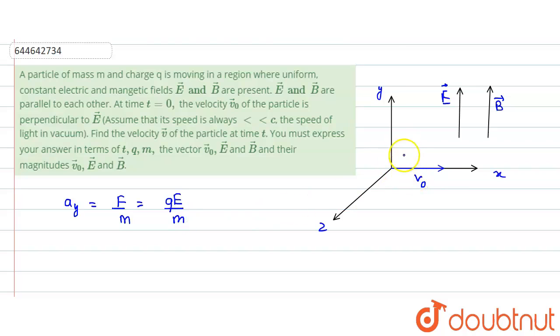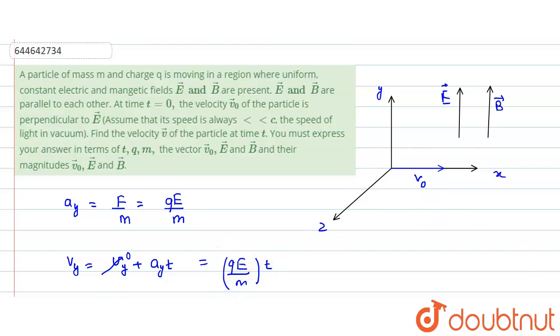There is no velocity initially in the y direction, so at any time t, Vy equals uy plus ay into t, where uy is 0. So Vy would be qE divided by m times t.